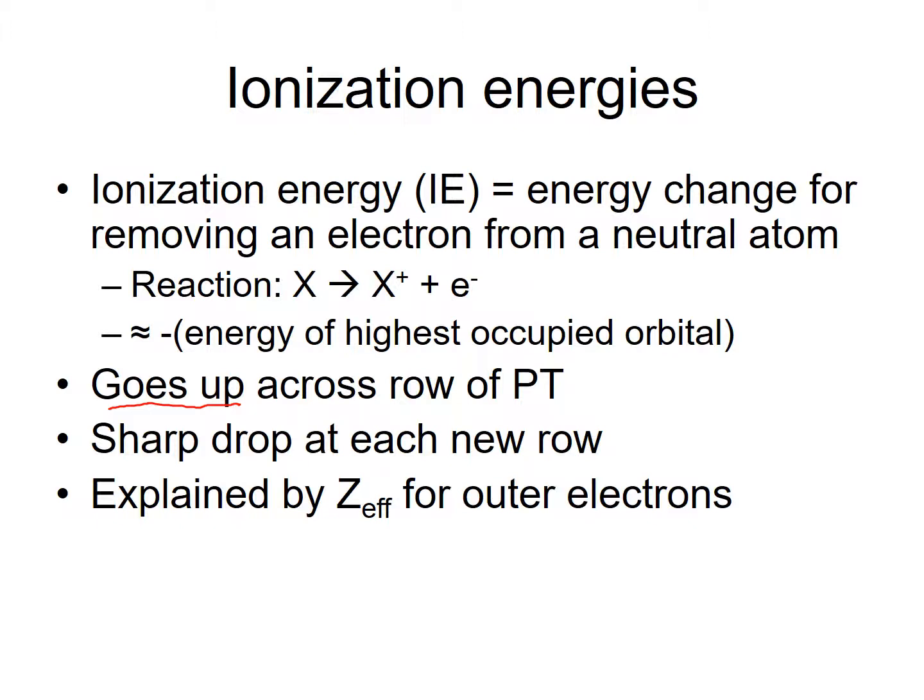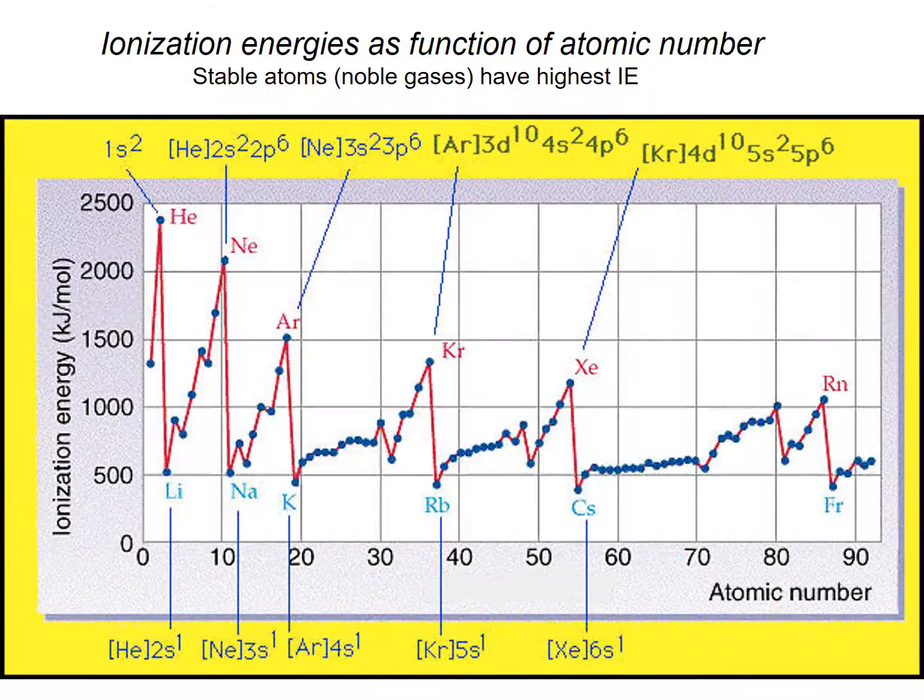We can explain this in terms of the Z effective, the effective nuclear charge for the outer electrons. Remember, for one electron outside a filled shell in a neutral atom, the core is a +1 charge, and that's the effective charge that's seen by the outer electron.